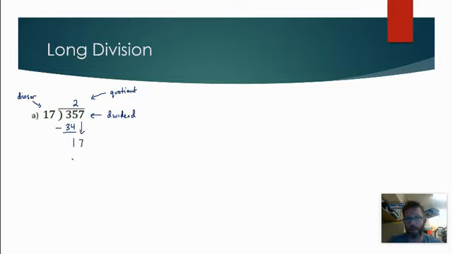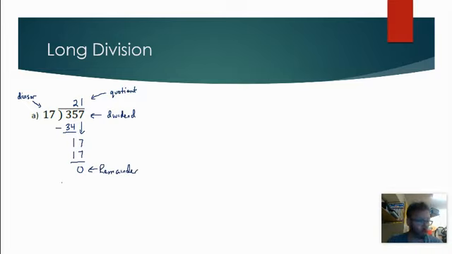How many times does 17 go into 17? 1 time. And then it's a bit of a check. 1 times 17 is 17, and you subtract, you get 0. 21 is the quotient, and here we have a remainder of 0.